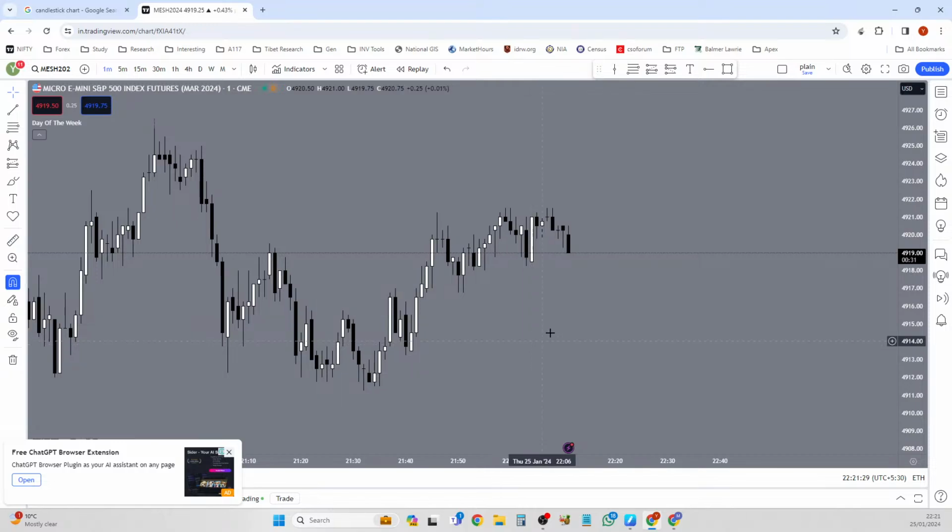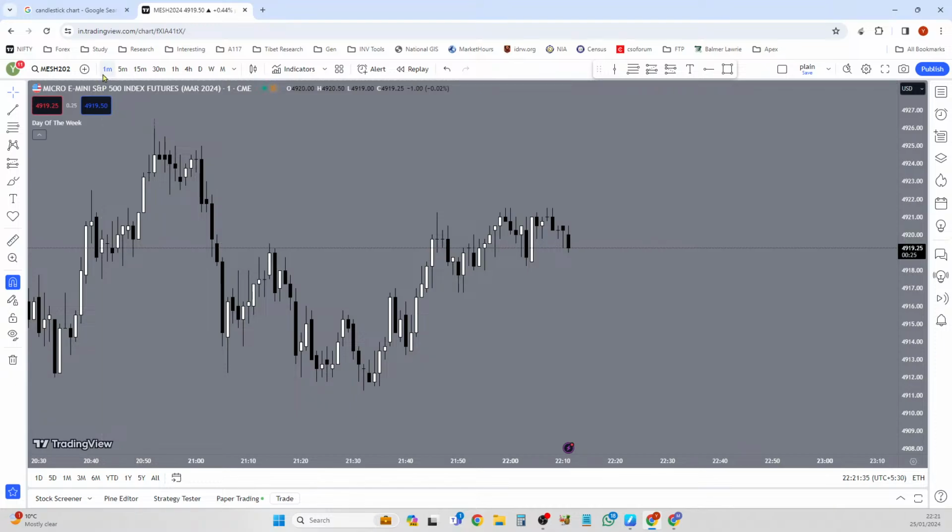That is why the color is red. Now, this is a candle that is currently forming, and it's a 1 minute candle. So at the end of 1 minute, this candle will get finalized and the next one will open.